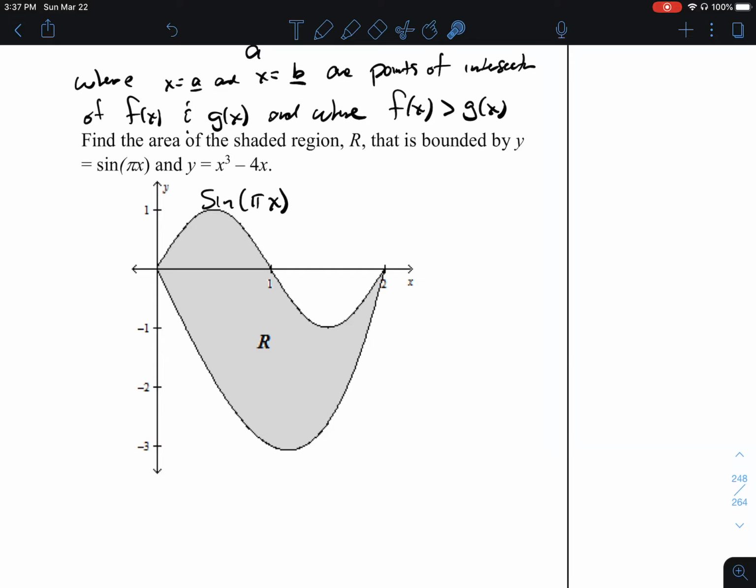Hopefully you also recognize what a cubic function looks like. We can't see the whole function, so that's a little bit harder to pick out, but this is x cubed minus 4x.